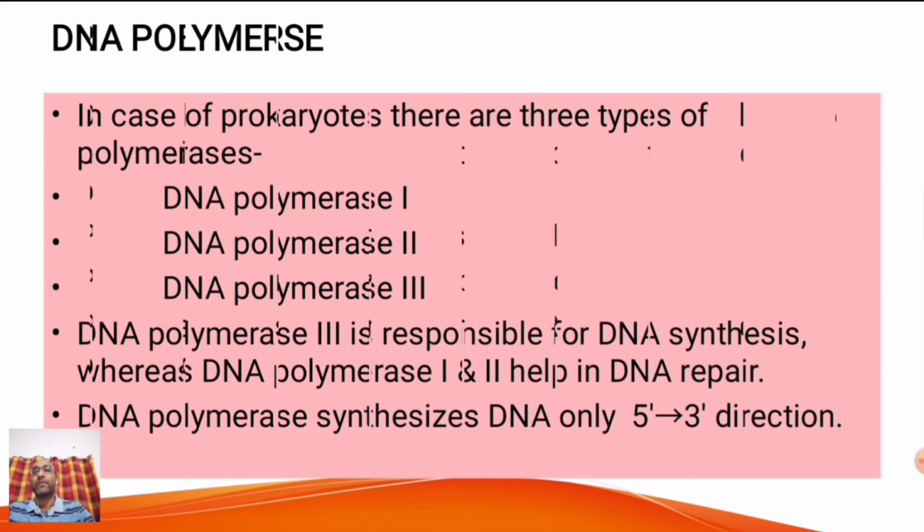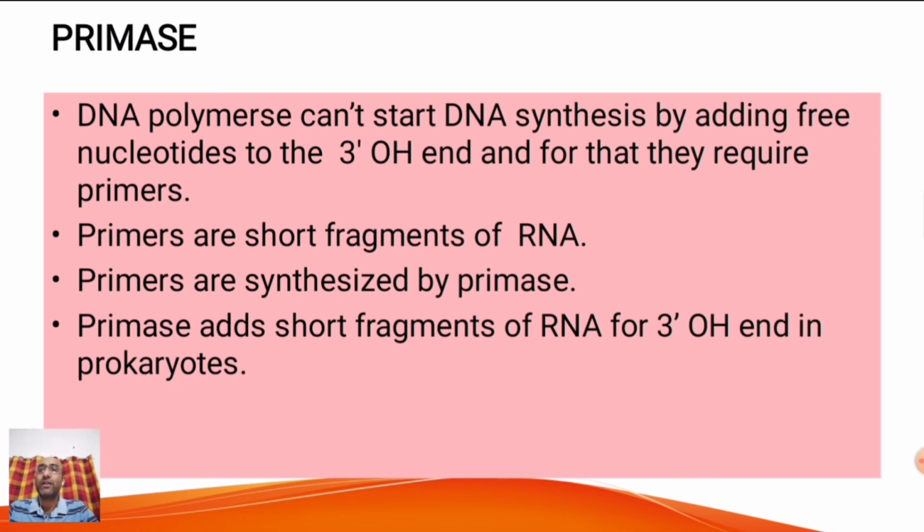Next, another enzyme involved is primase. I have already shown in the previous slide that DNA polymerase 3 is responsible for DNA synthesis. Now, DNA polymerase cannot start or initiate DNA synthesis by itself by adding free nucleotides to the 3'-OH end.